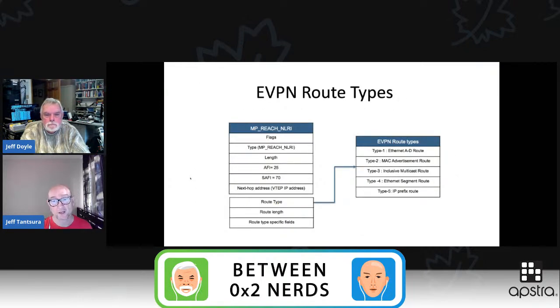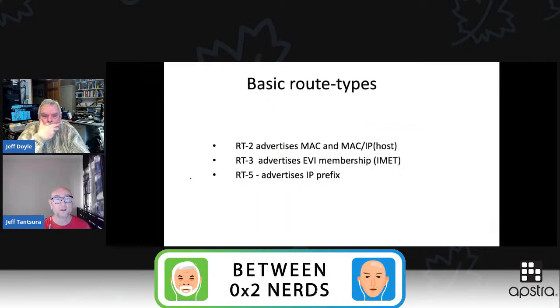Let's start with route types and how they interrelate and how it looks in AOS and vendor devices. Let's start with basic route types here. Route type 2 advertises MAC addresses. MAC address is a mandatory field, or MAC and IP address where the IP address is optional.